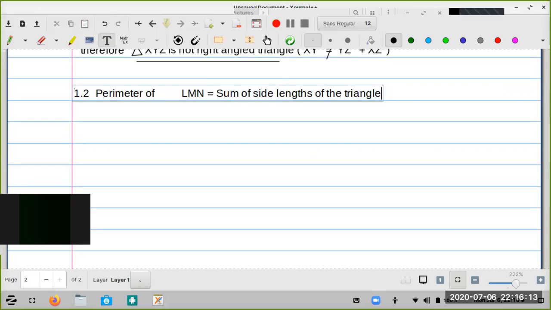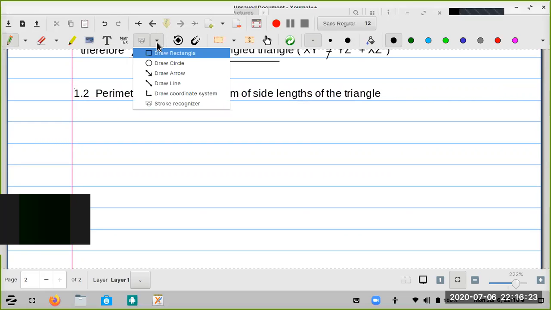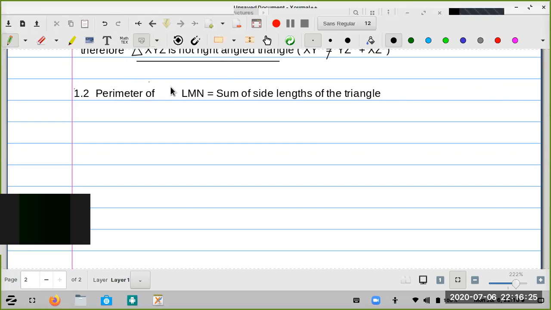Right? Then, since we are talking about the triangle here, I'm just going to substitute. If you still remember, we have three sides.